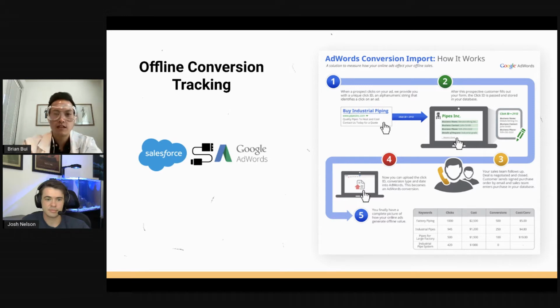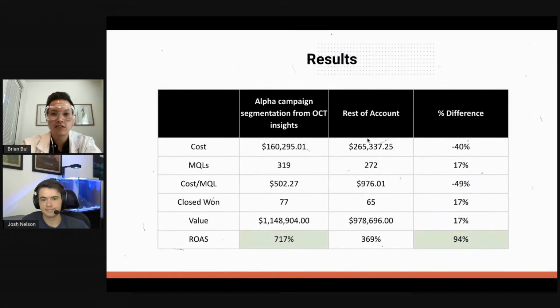So last thing, what type of results have we seen from this? Pretty phenomenal results. This is one account where we implemented OCT, and we actually started pulling out the specific keywords that were showing high MQLs and high SQLs.